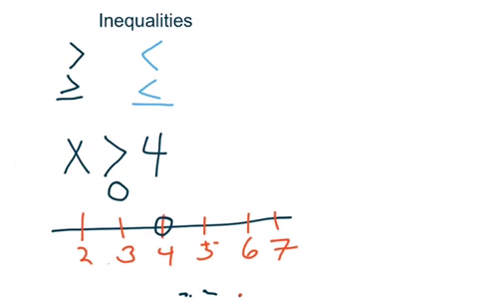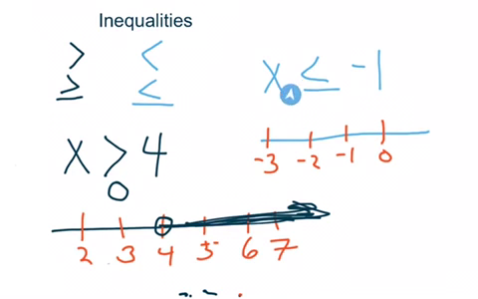Since all numbers greater than 4 are acceptable, you draw an arrow to the right. 6 is greater than 4, 7 is greater than 4, but we leave the circle open when saying x is greater than 4.